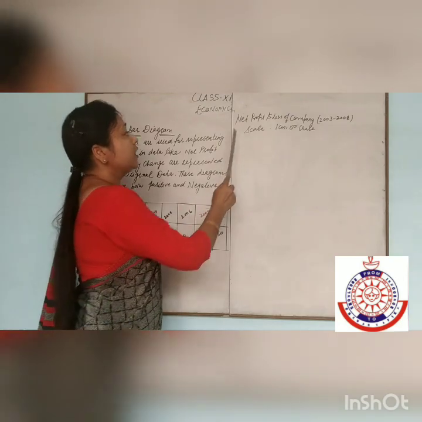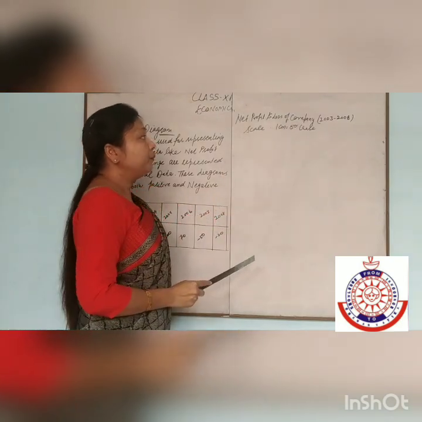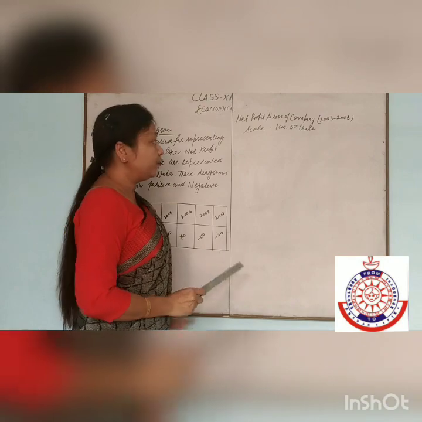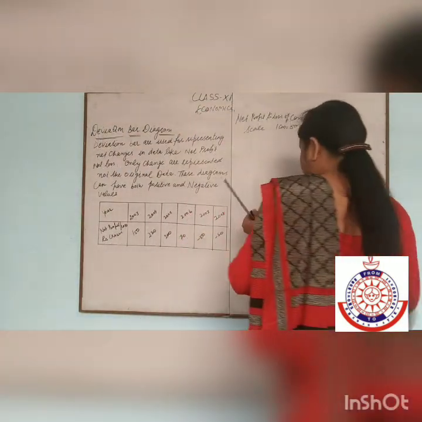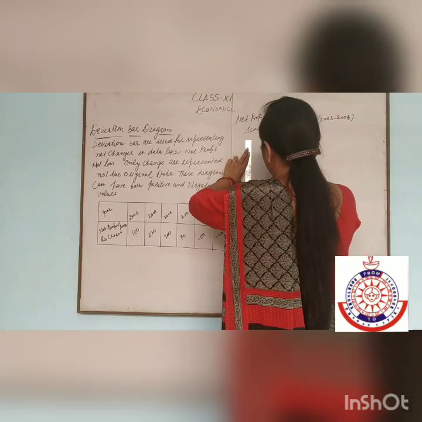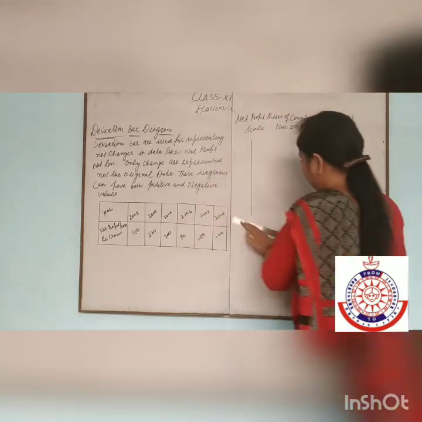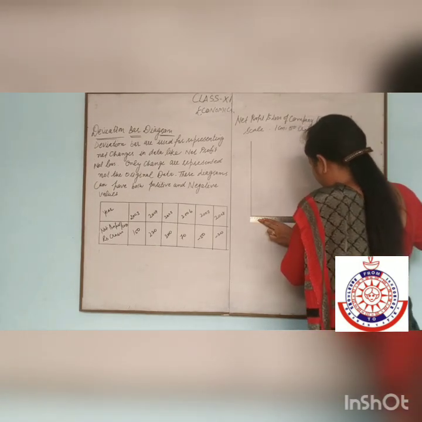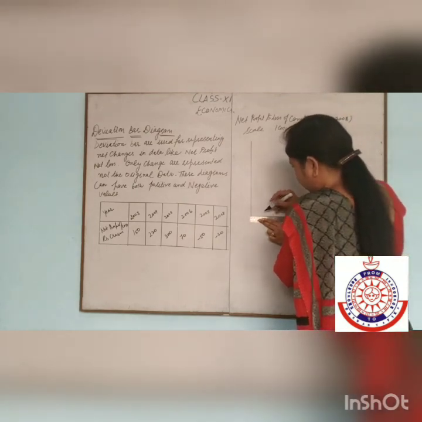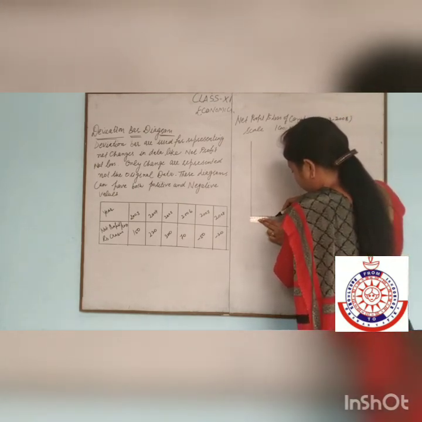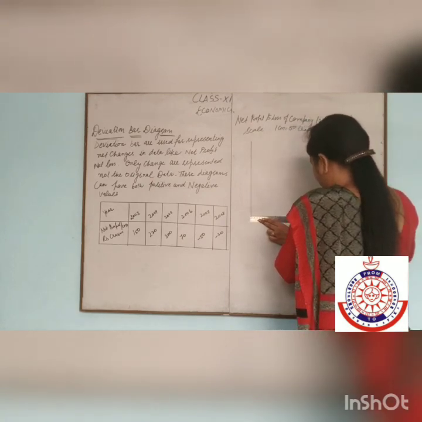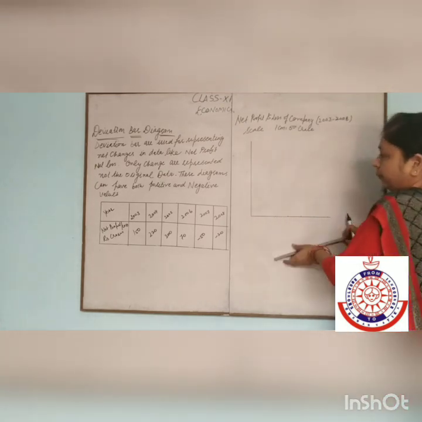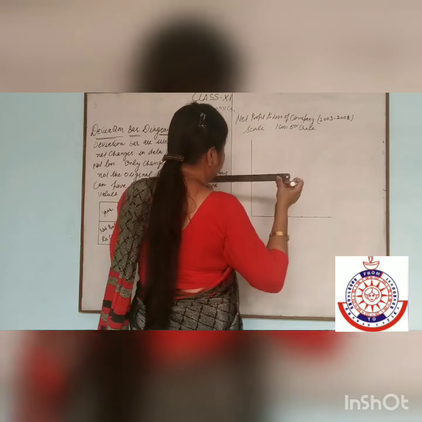Now, first the title: net profit and loss of a company from 2003 to 2008. Scale is 1 centimeter equal to 50 crore. Now we will draw the diagram. Here 1 centimeter is equal to 50.